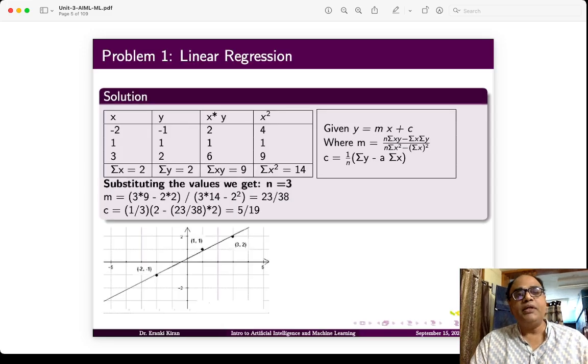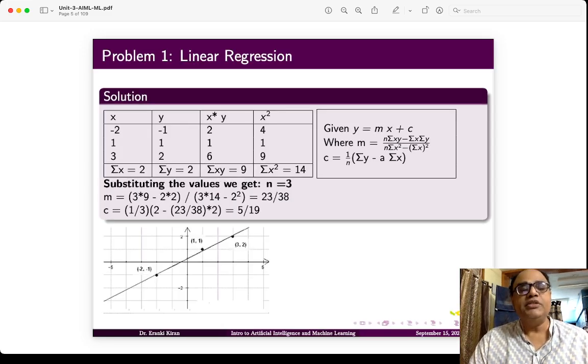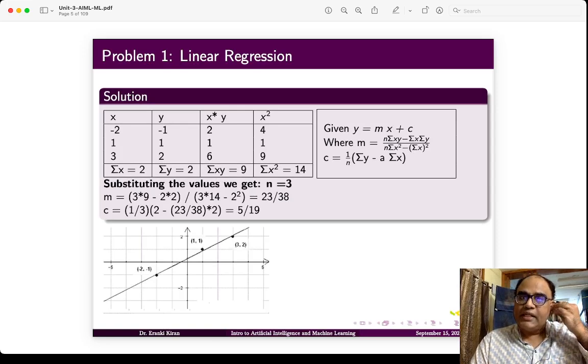Now let's try to understand the linear regression for problem 1. In problem 1, we can see that x and y values are given and you are asked to fit the data into the regression line. The values of x are listed here.